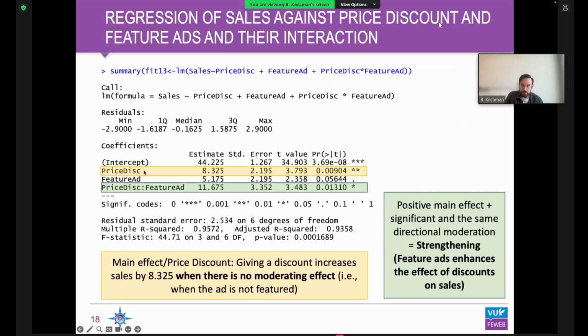It means that when price discount is zero, the difference between sales with feature adds and not is not significant, but the effect of feature add on the relationship between price discount and sales is significant. So the moderation is significant, but the main effect when price discount is zero might not be significant.